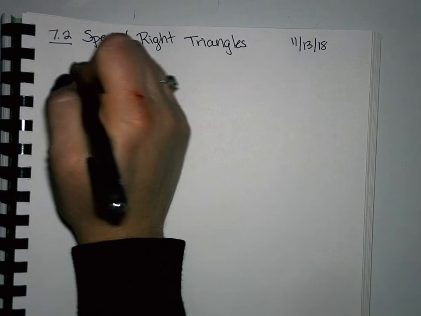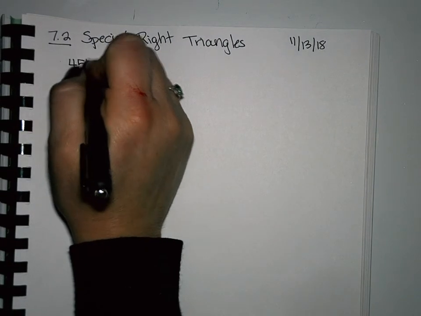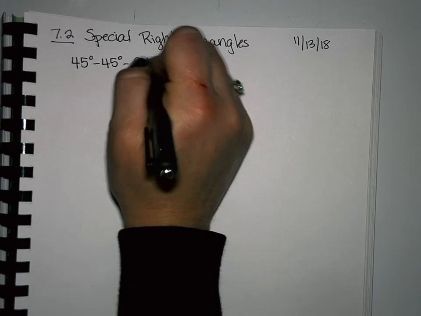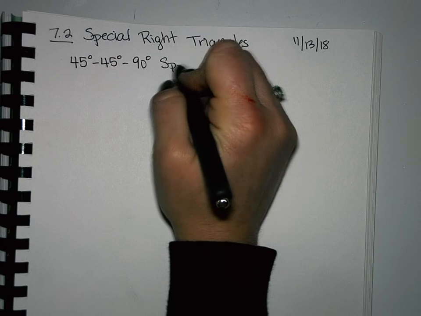Okay, so our first special right triangle that we're going to talk about is the 45, 45, 90 special right triangle.